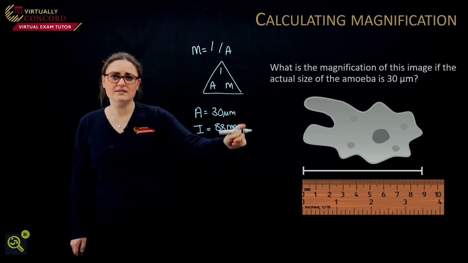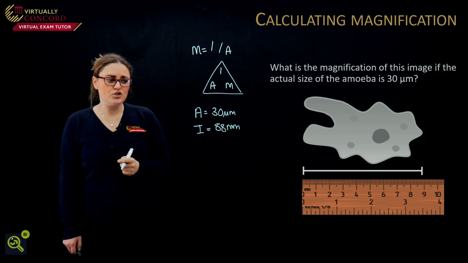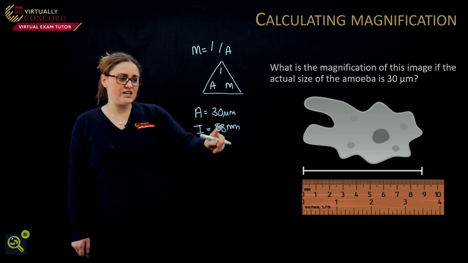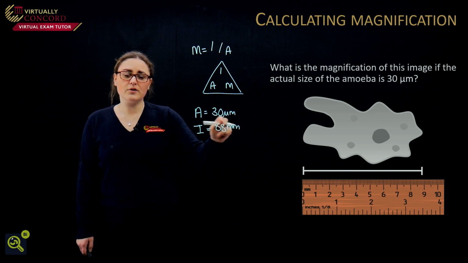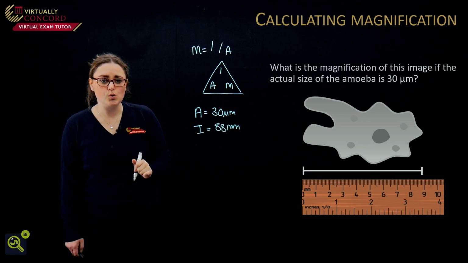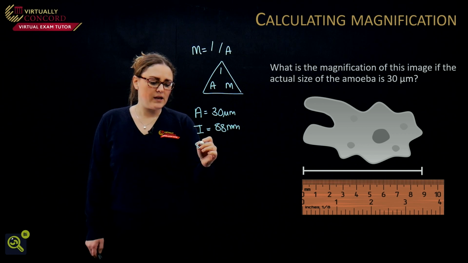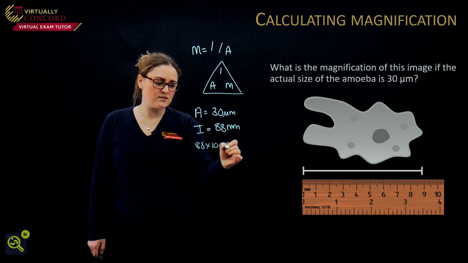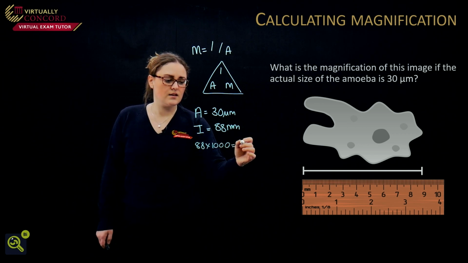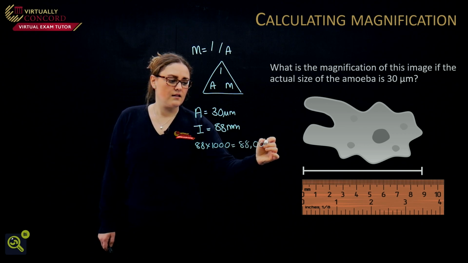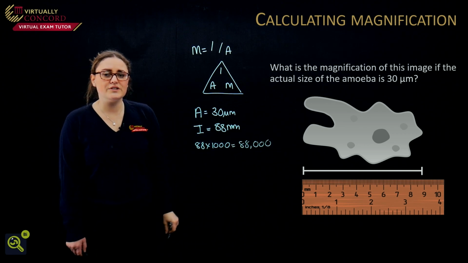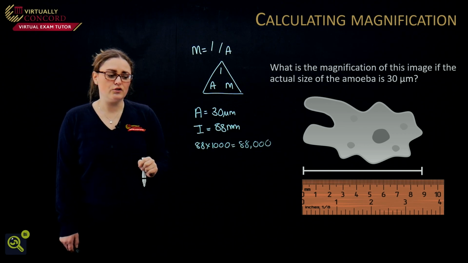Now these units are not the same, so you would need to convert. I suggest in this case converting millimeters into micrometers because it keeps everything as whole numbers. So 88 times 1,000 gives us 88,000. Now you can put these numbers into your equation.